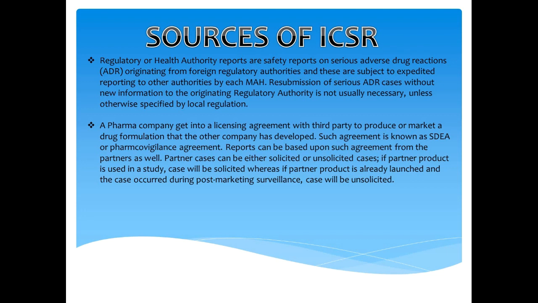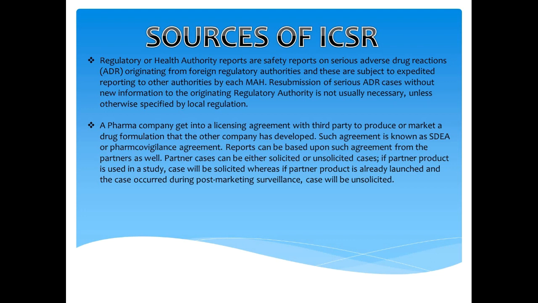So the role of the co-marketer or the co-licensing partner comes into action, where this co-licensing partner may receive some information for a particular patient and may report to the main company who has developed the product.